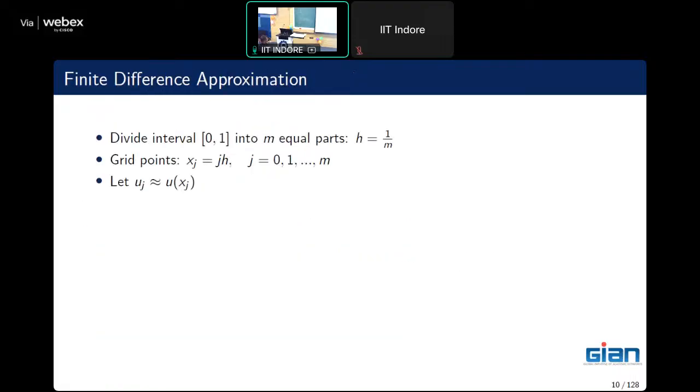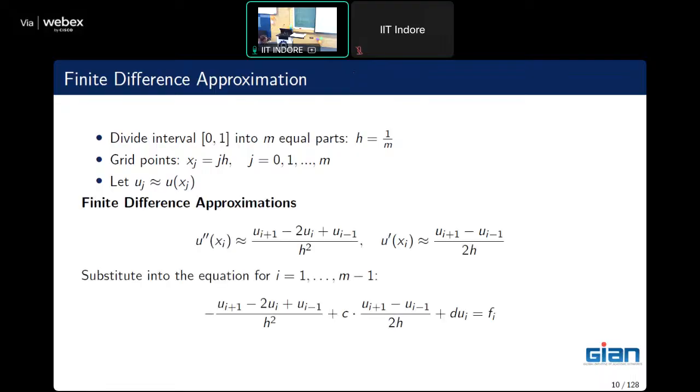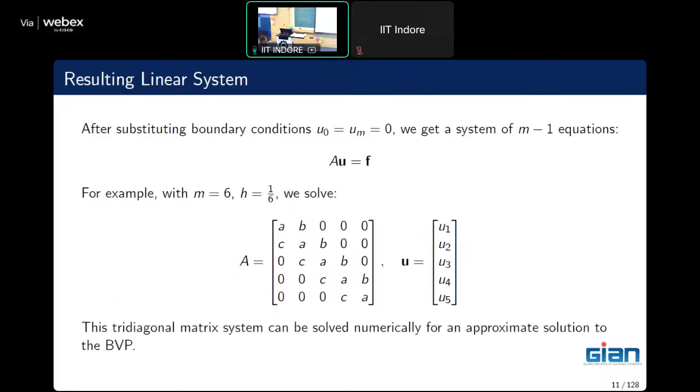Similarly, we can use this interval and the step length is of this form, and then the grid points are like this, and then finally you use the difference approximation with this numerical scheme, and you will be getting an equation of this form, where usually with m equal to 0 we get Au equal to f, and when m equal to 6 and step length is equal to 1 by 6, then you can get the matrix equation of this form.